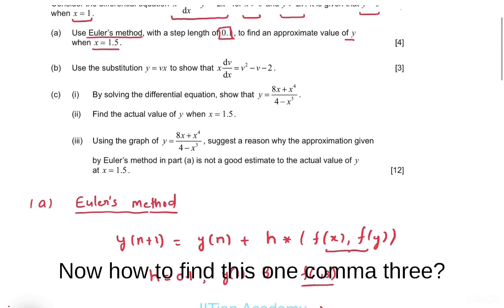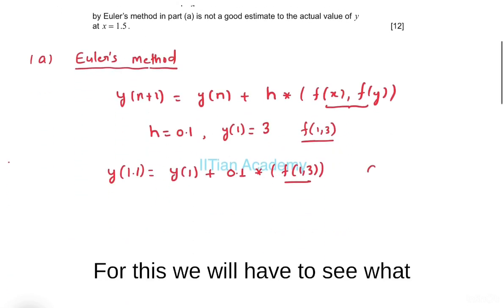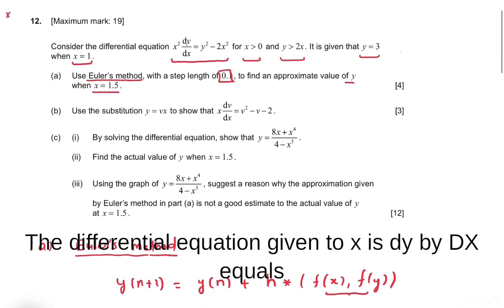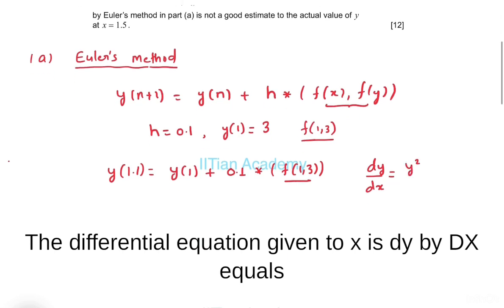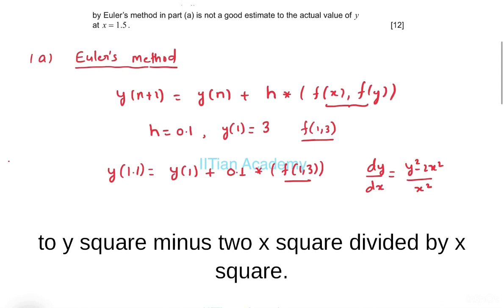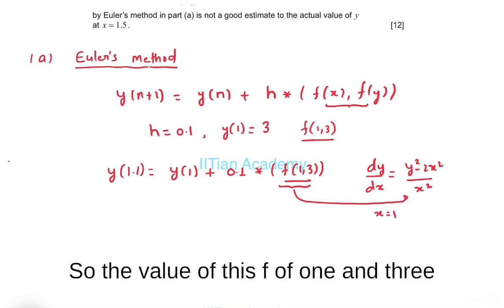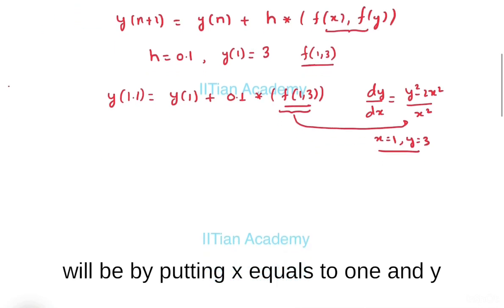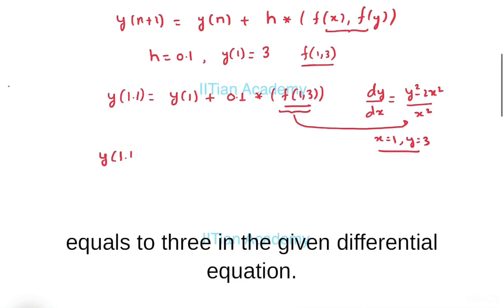Now how to find this? For this we will have to see what differential equation is given to us. The differential equation given is dy by dx equals y square minus 2x square divided by x square. So the value of f of 1 and 3 will be found by putting x equals 1 and y equals 3 in the given differential equation.